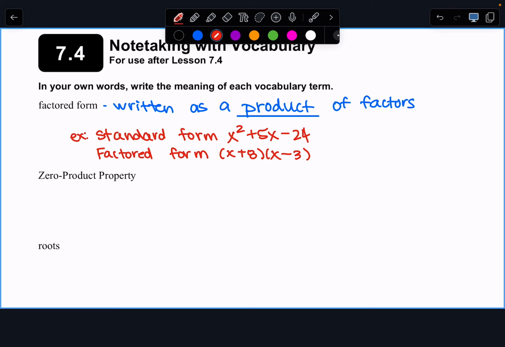Like I've been giving you this right here, and we've been foiling to get to standard form. Well, we're going to work with factored form because it can help us solve.